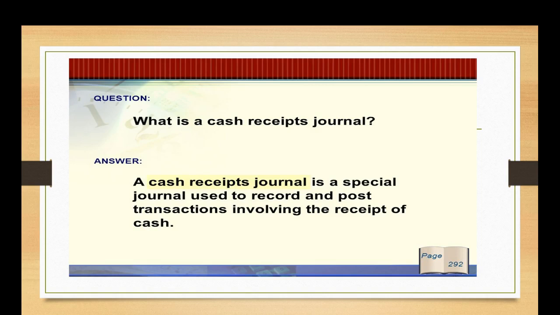And in a cash receipts journal, the commonality is that cash is coming in for some purpose. So you might be asking yourself, what is a cash receipts journal? It's a special journal used to record and post transactions involving the receipt of cash. So cash receipt for any reason would be put in a cash receipts journal.